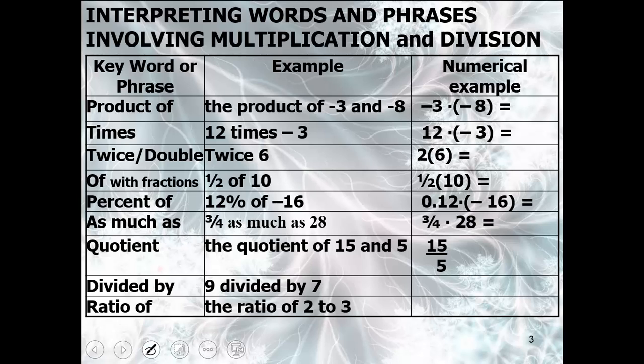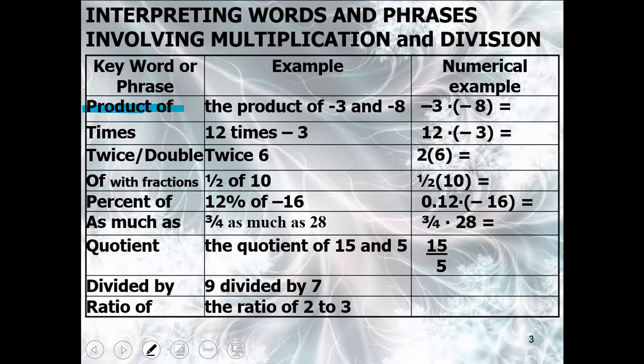Now that we reviewed that, let's start looking at the keywords and phrases that imply multiplication or division. Let's start with the obvious. If you have the key phrase product of, that's going to tell you to multiply the 2 things together.